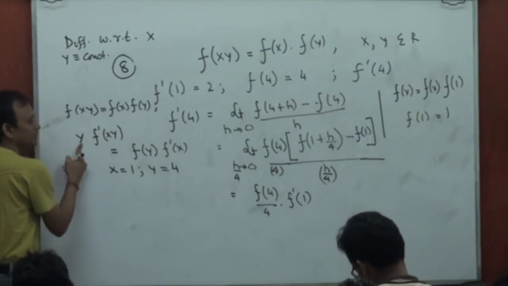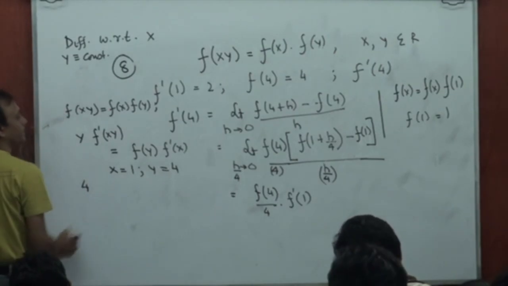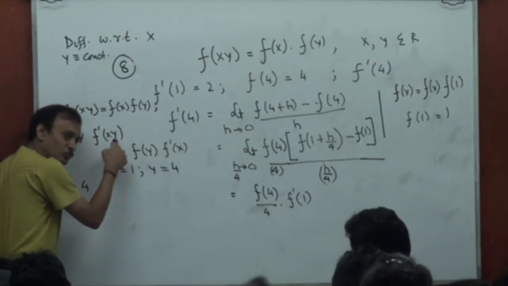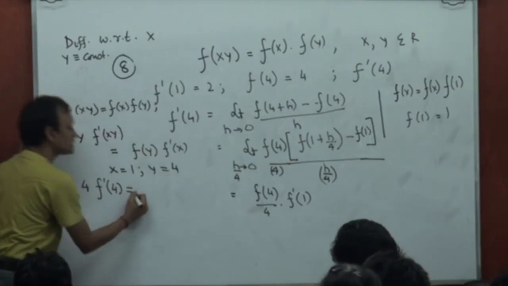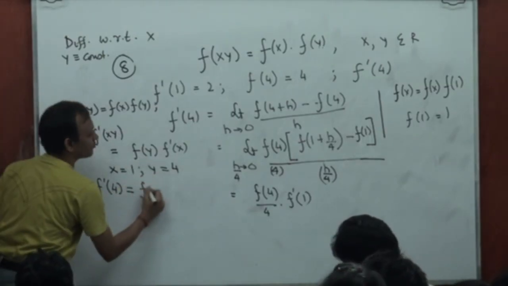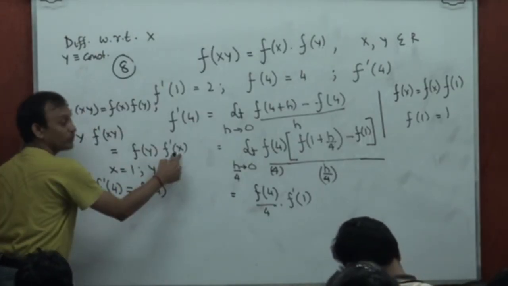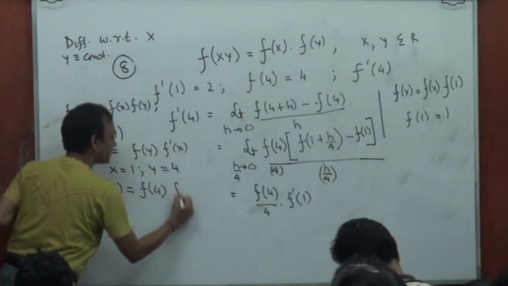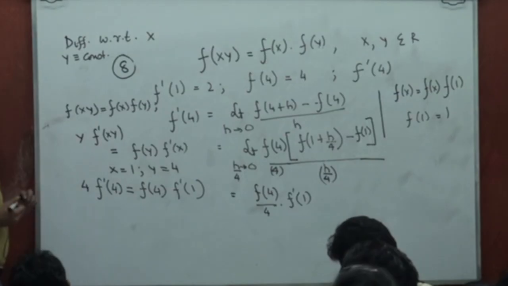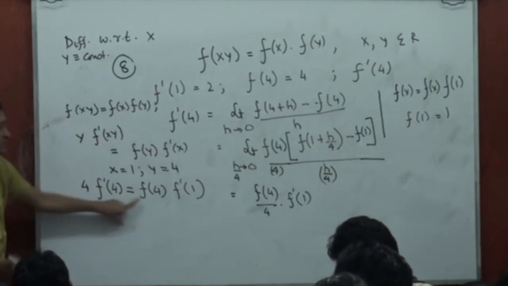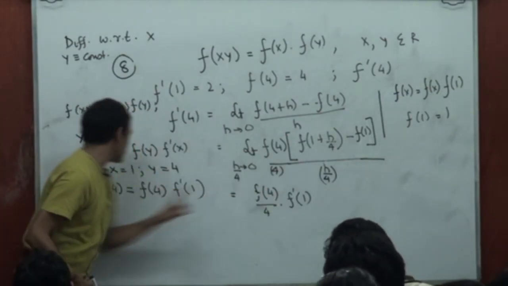So you get y equal to 4. This will become f dashed 4 equals f of y, meaning f of 4, into f dashed 1. So this gives me f dashed 4 is this into this divided by this.